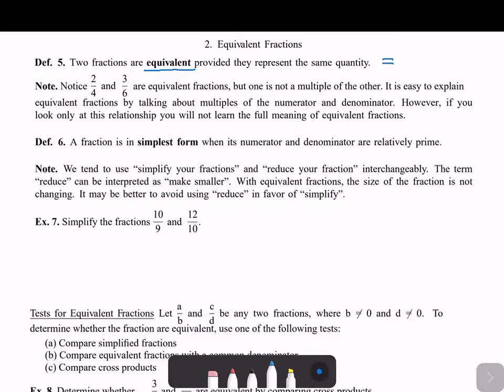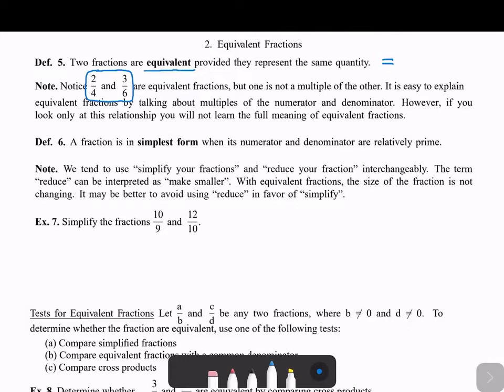But this is not the best way to explain it, because then your student may be faced with something like 2/4 and 3/6, and what do they do with that? They are equivalent and they're both equivalent to 1/2, but these two are not multiples of each other.